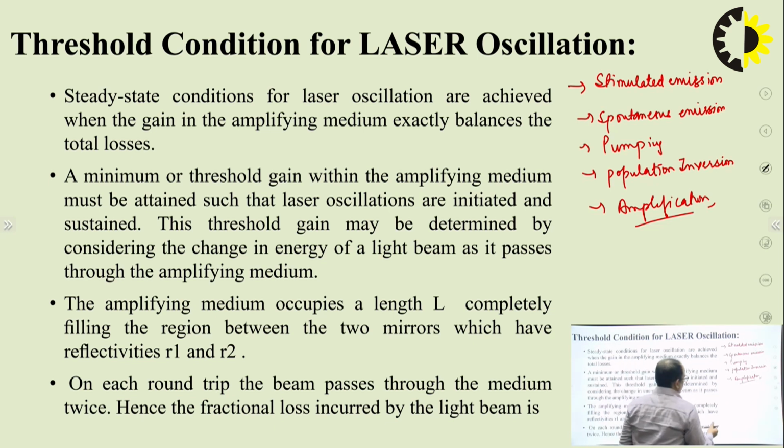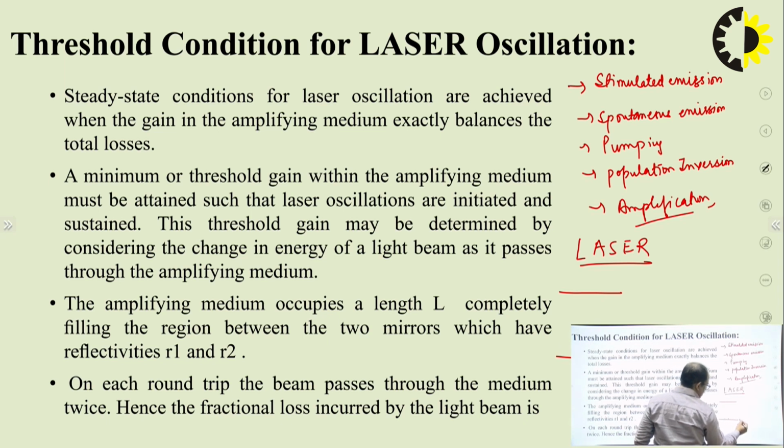So laser means light amplification by stimulated emission of radiation. In a laser, let's say there are a number of electrons present. This is the valence band, and this one is the conduction band.